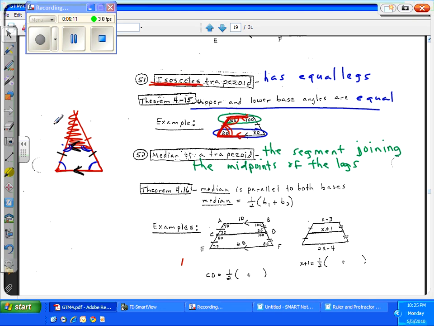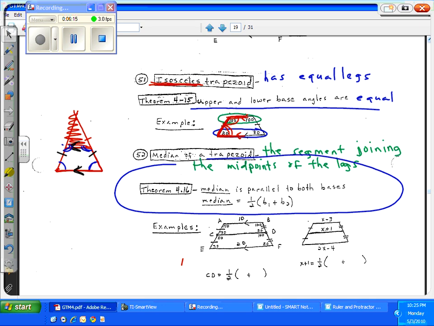There's two properties of the median of a trapezoid. Number one, the median is parallel to both bases. If we were to draw the median of this trapezoid, it would be parallel to both bases, and the length of the median is half the sum of the bases.